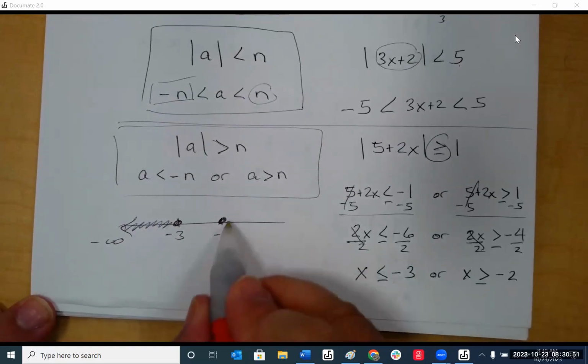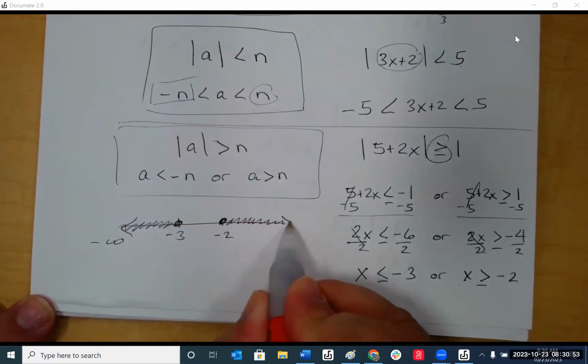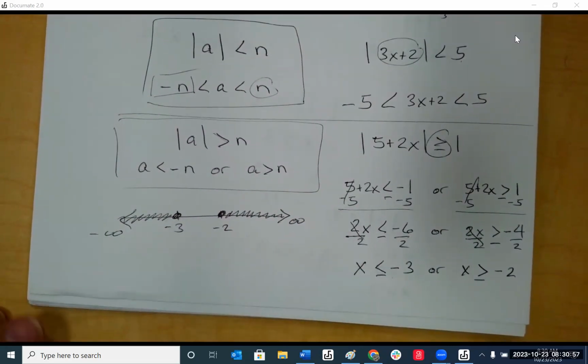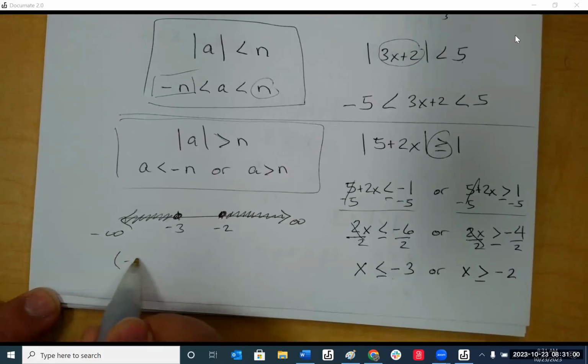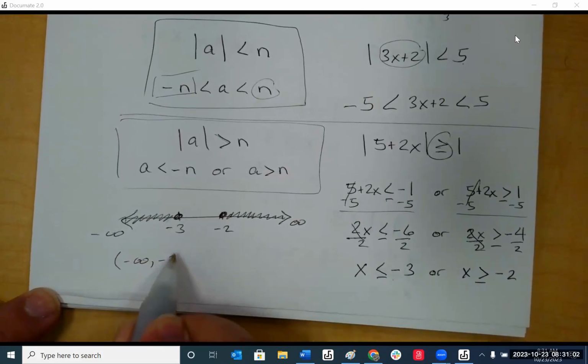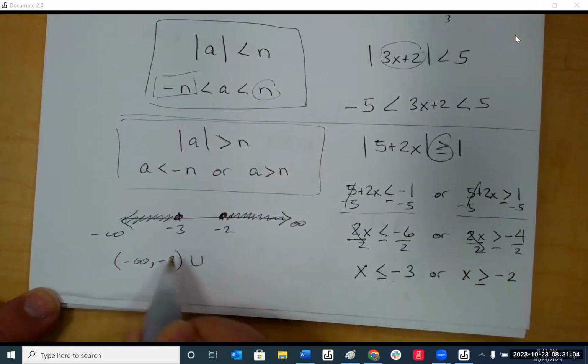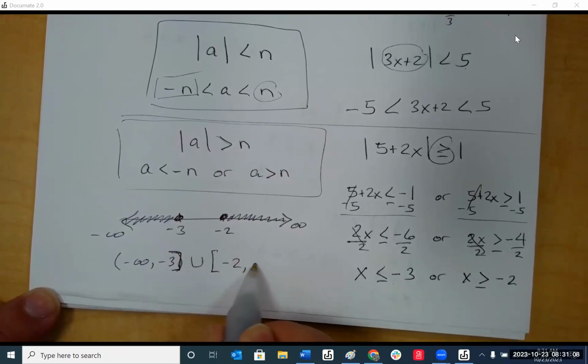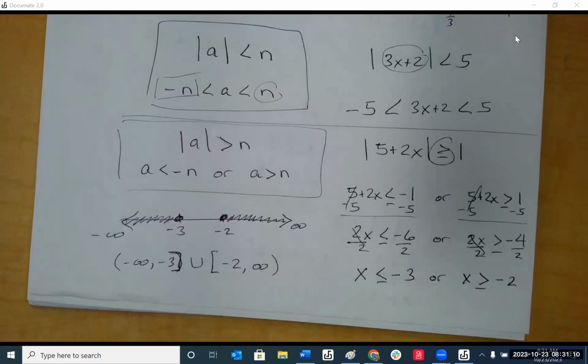X is bigger than or equal to negative 2, so it's this way to positive infinity. So it's negative infinity to negative 3, union, bracket because it's closed, negative 2 to positive infinity. Again, if you don't remember your inequalities, review those, because you'll need those for the tests.